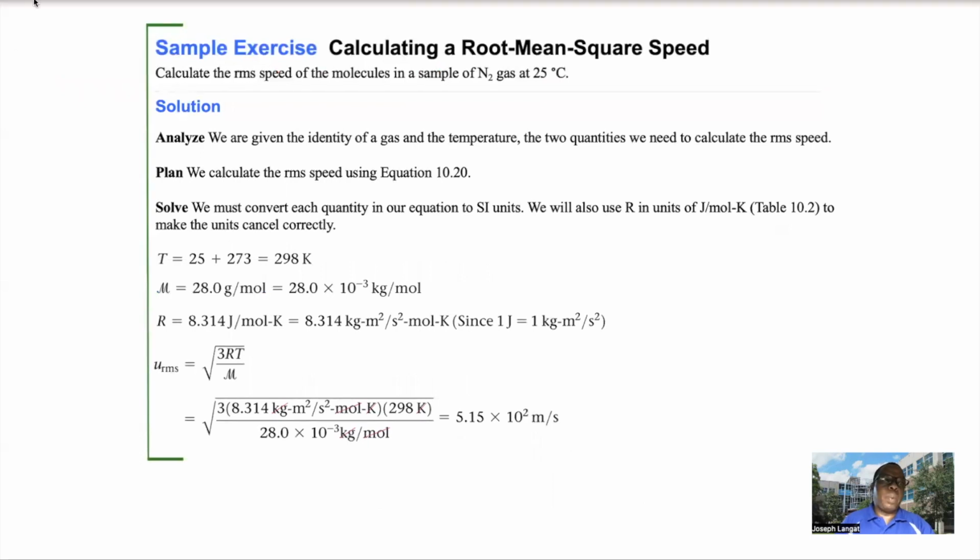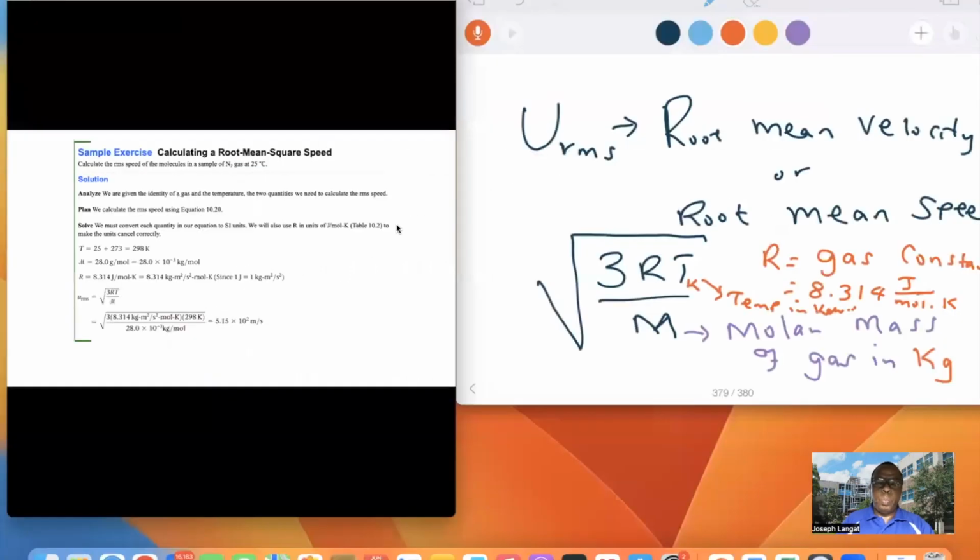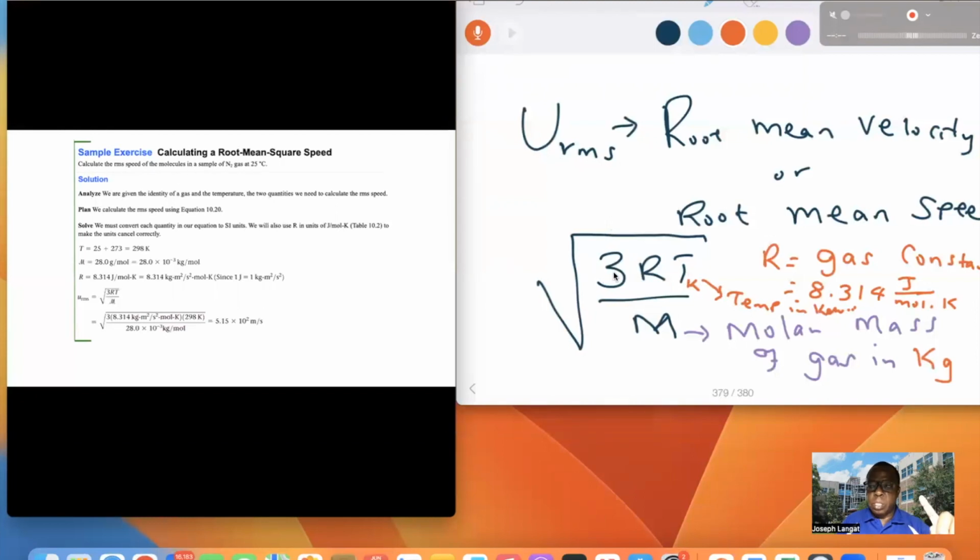To wrap up, this is how to calculate the root mean square velocity of a sample of a gas. Remember to change the temperature to Kelvin. The 3 here is a constant. Please remember that. And the molar mass has to be in kg. At the end of the semester or even in the upcoming quiz, please remember there will be 2 values for R. When do you use this, and when do you use the other one, 0.08206?